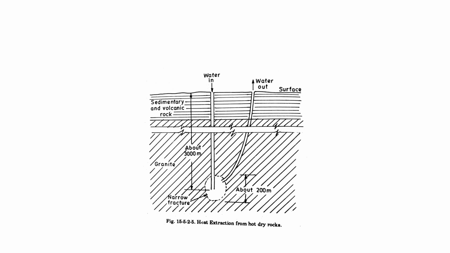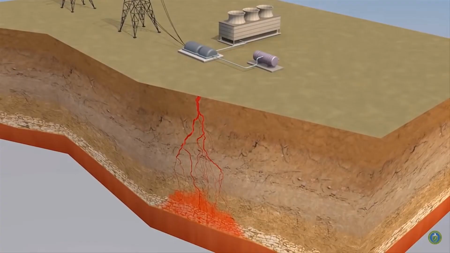This is called the sedimentary volcanic rock. At a depth of 3 kilometers or 3000 meters, we have the narrow fracture. There we have hot liquid, that is the hot zone. We are supplying the water, and the water will get converted into steam, and we are bringing out the steam. This is the basic concept of geothermal energy.